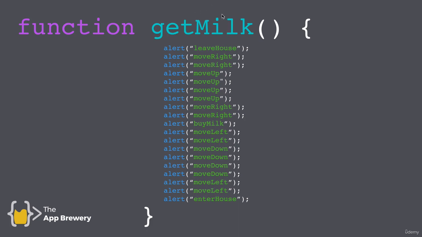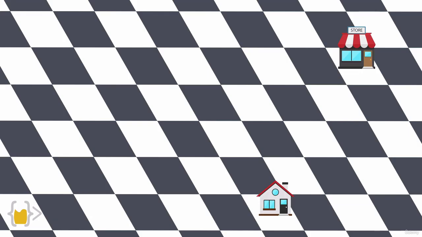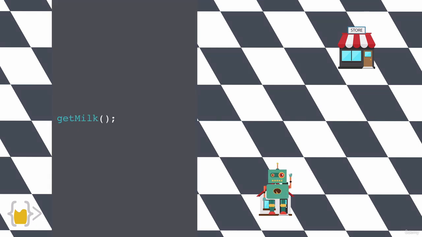You give the function a name, you have a set of parentheses or round brackets, and then you have some curly brackets that enclose all of the instructions that you want to be executed. Now, once you have created that function, getting the robot to buy you milk is as simple as calling the function getMilk. And it will carry out all of those instructions that are enclosed in that function, and it will know what it needs to do.